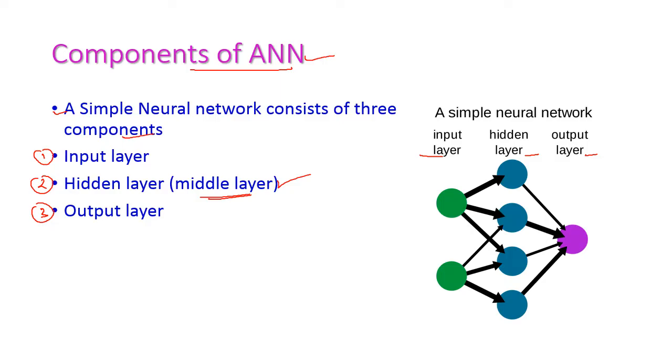For every artificial neural network, input layers will be there. Through the input layer we will accept the input, for example x1, x2. x1, x2 are called inputs, and that will be given to the input layer. All the computations will take place in the hidden layer, and finally we will get the output from the output layer. In the output layer we have one node, right?